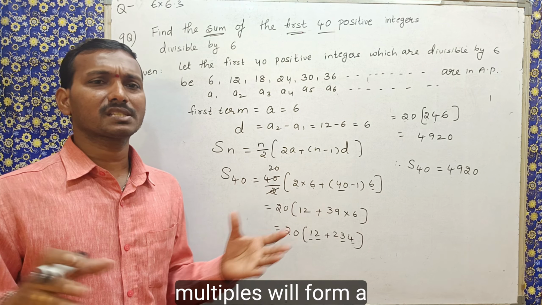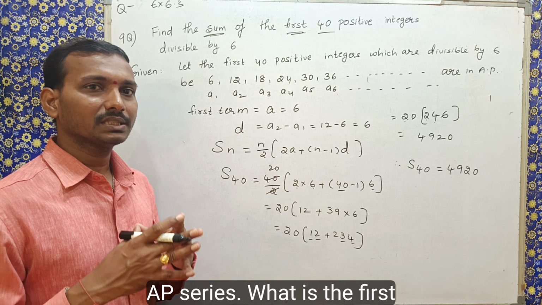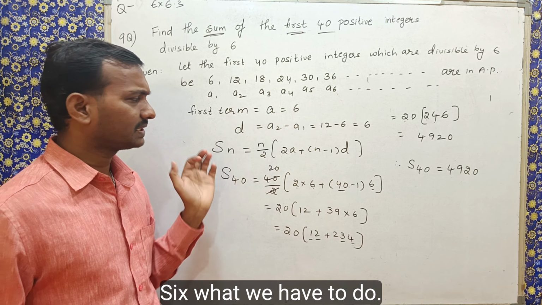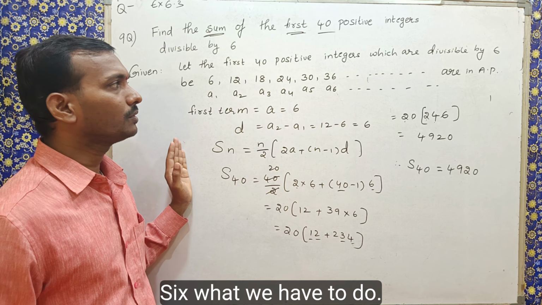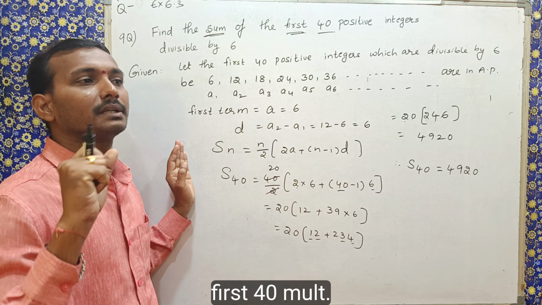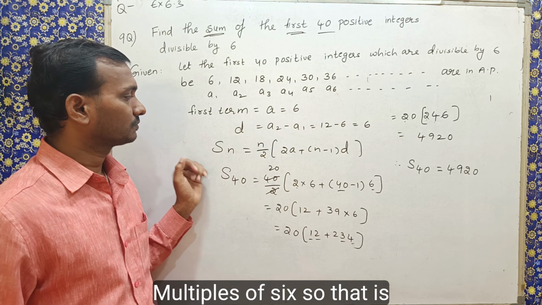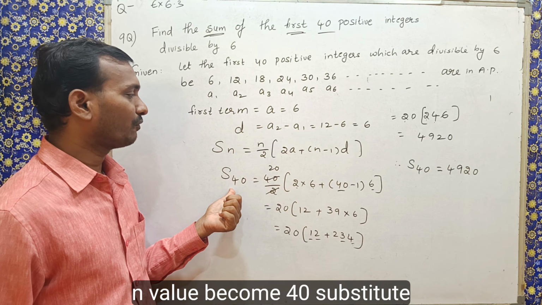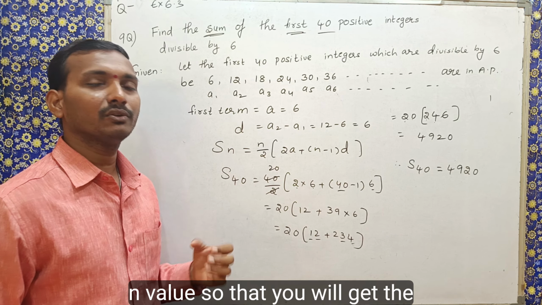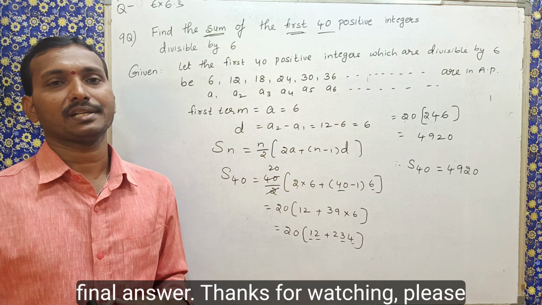These multiples will form an AP series. What is the first term? 6. What is the difference? Again 6. We have to calculate the sum of first 40 multiples of 6, so n value becomes 40. Substitute all the values, a value, d value, n value, so that you will get the final answer.